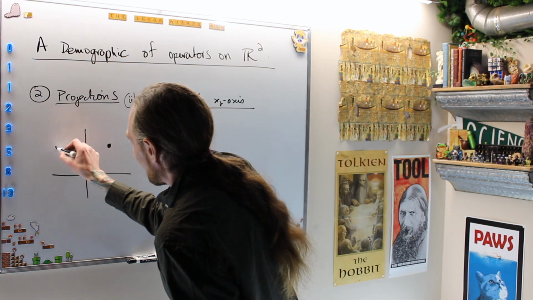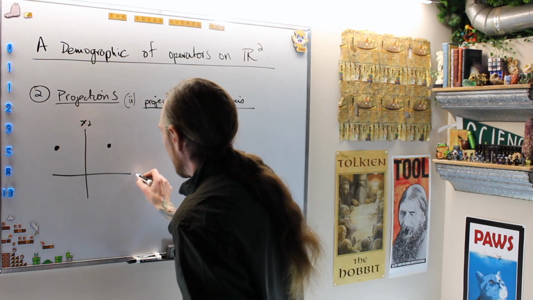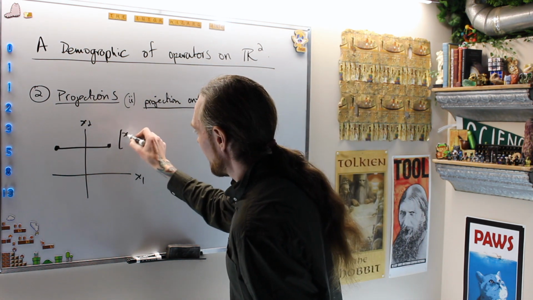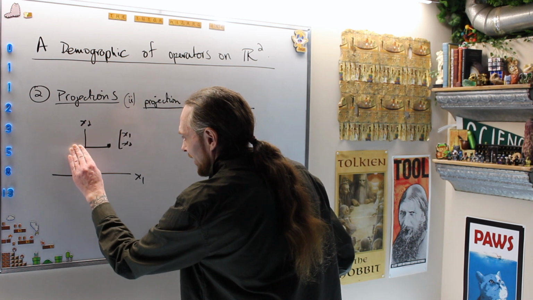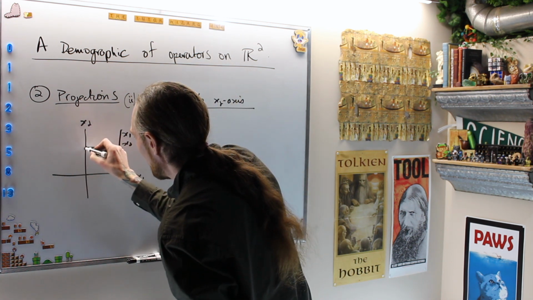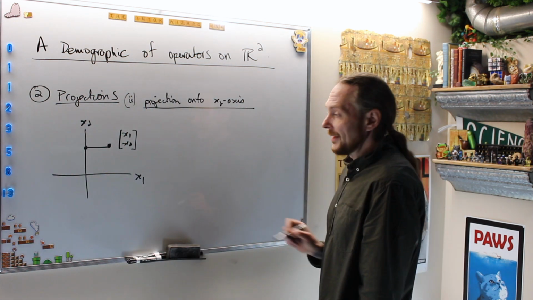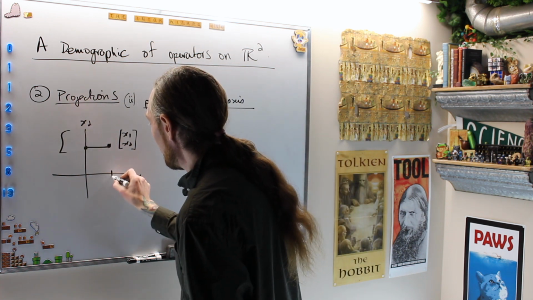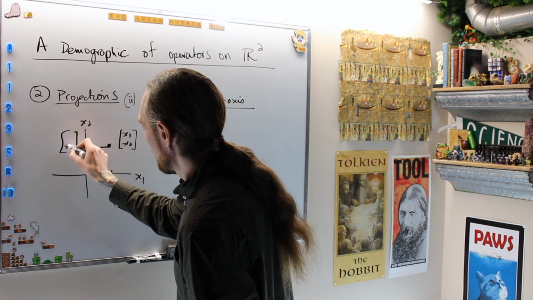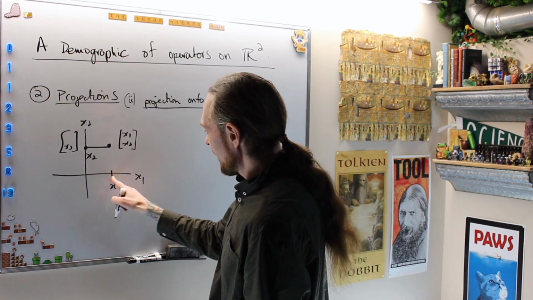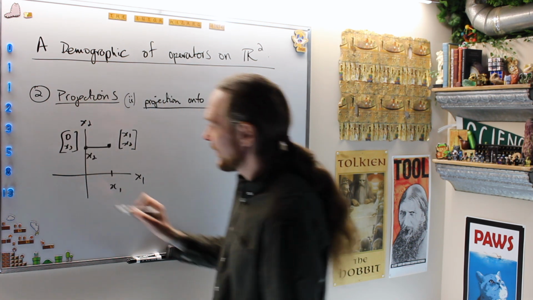Projection about the X2 axis now. Well, I started with this point, X1, X2. Back it up, you went too far. Right there, we're going to stop. Now what did that do? X2 stayed the same, but X1 moved to 0.